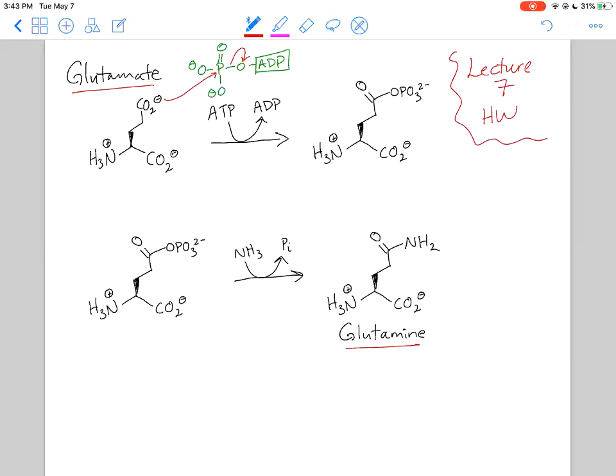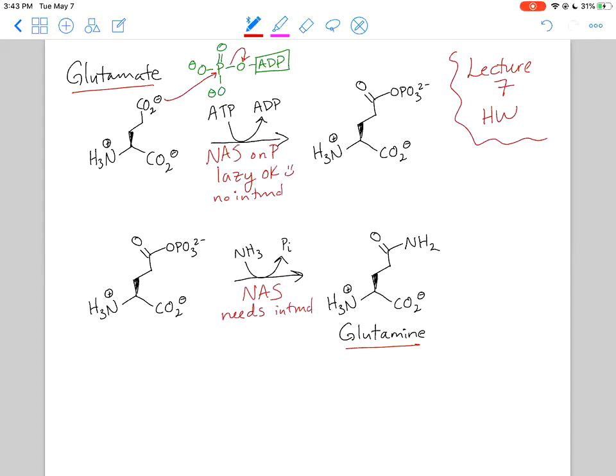We have a nucleophilic acyl substitution reaction that's happening, which means we're going to have an intermediate. Notice up above, this was a nucleophilic acyl substitution reaction as well, but because it was on phosphorus, it's okay to be lazy and have no intermediate.